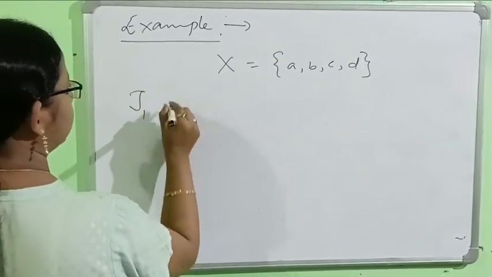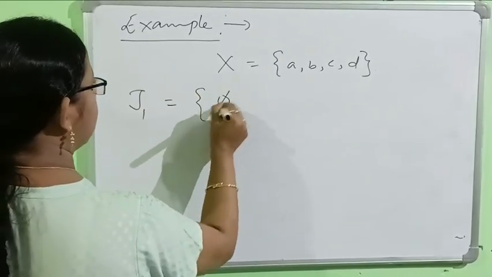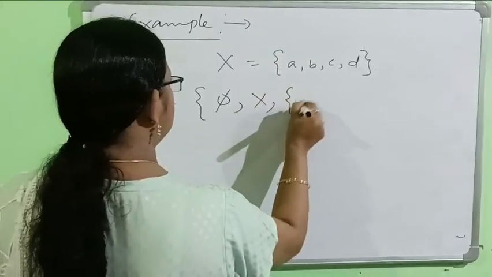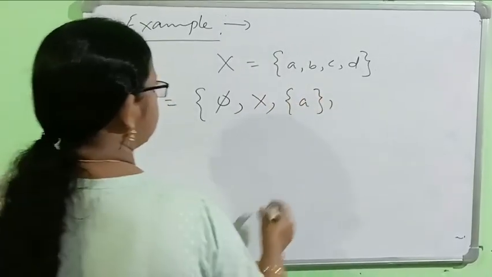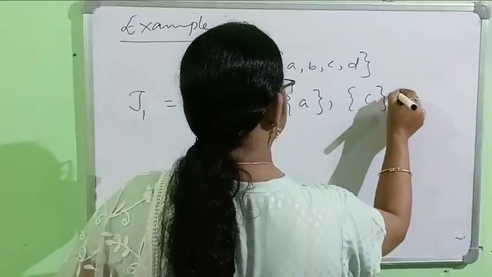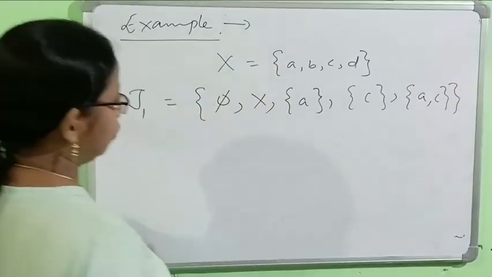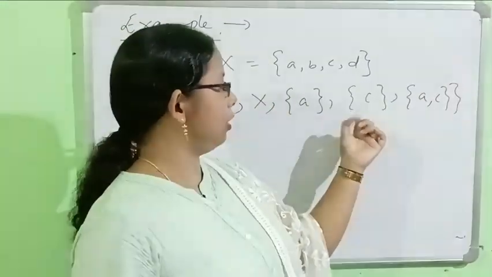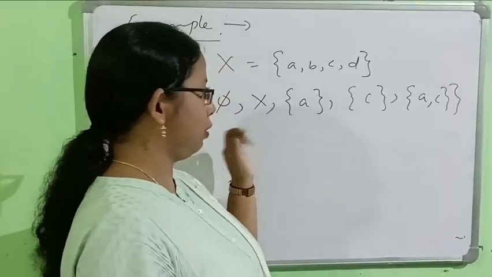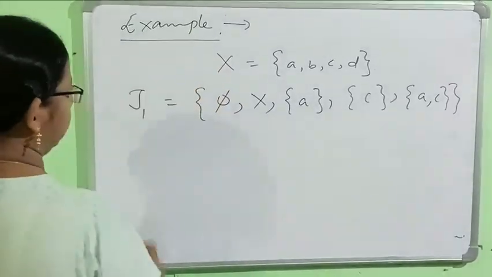T1 equal to {phi, X, {a}, {c}, {a, c}}. This will be a topology. A union C will be {a, c}. Their intersection is the empty set. So this collection will be a topology.